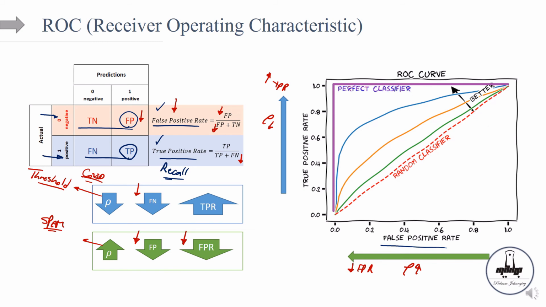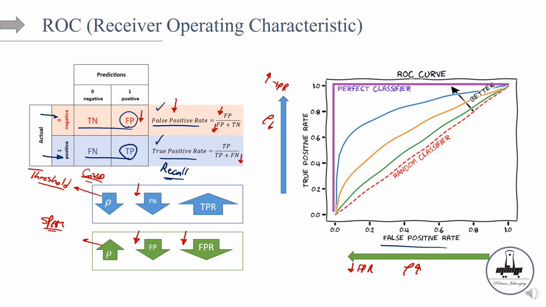So now, based on different values of threshold, we can calculate different false positive rates and true positive rates. And ROC is basically the curve that summarizes all these numbers for us, right? If the threshold is 0, what are the answers? If the threshold is 0.1, what are the true positive rate and false positive rate?